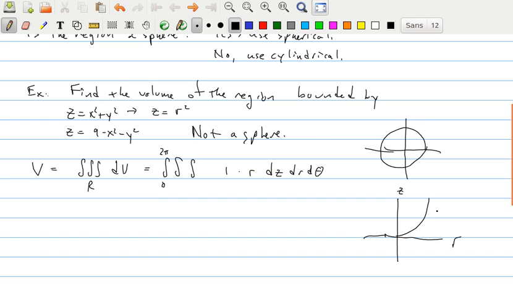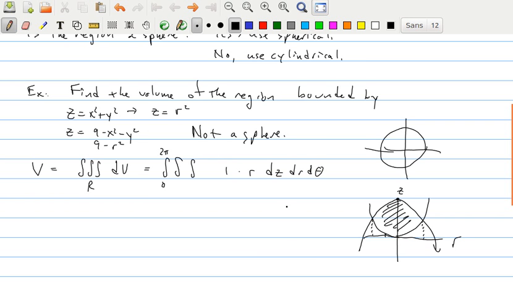The second one looks like z equals 9 minus r squared, so it's a parabola that's just upside down. And we want to look at this region inside here. So what is this r value here where those two curves cross? That'll give us the furthest r value that we're looking for.